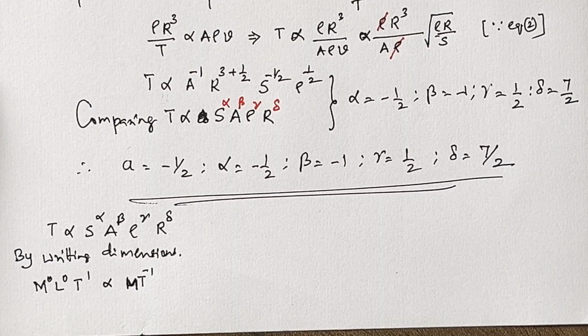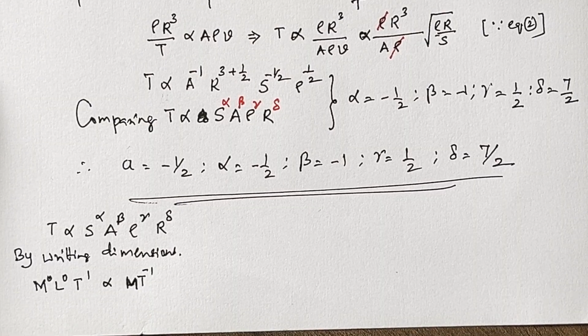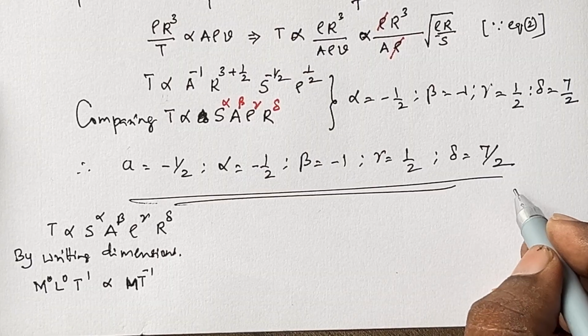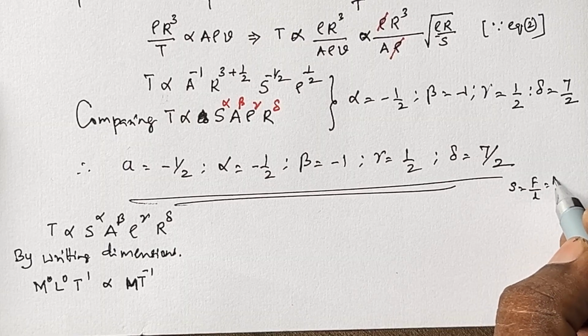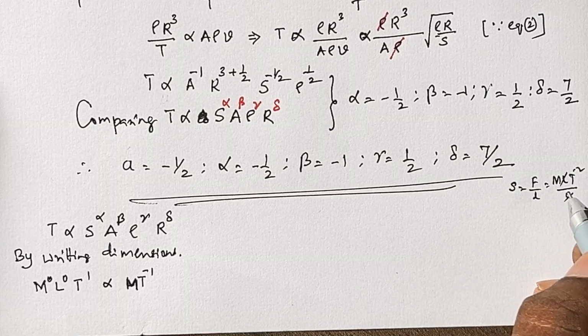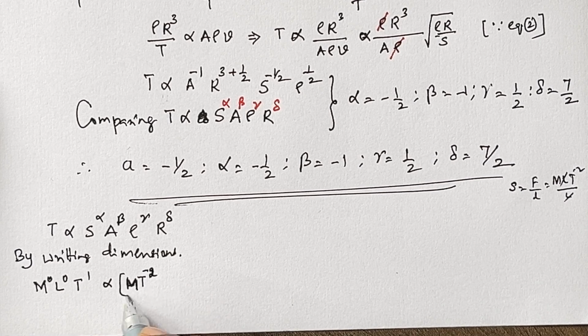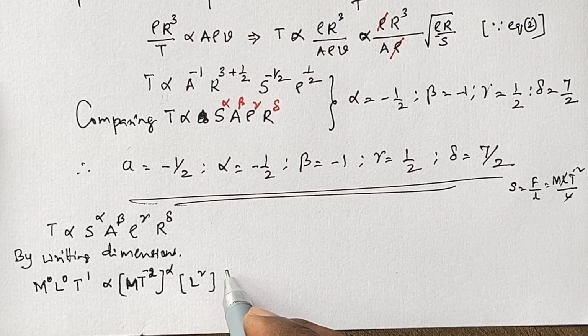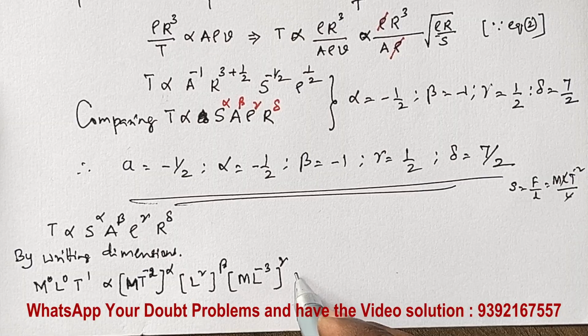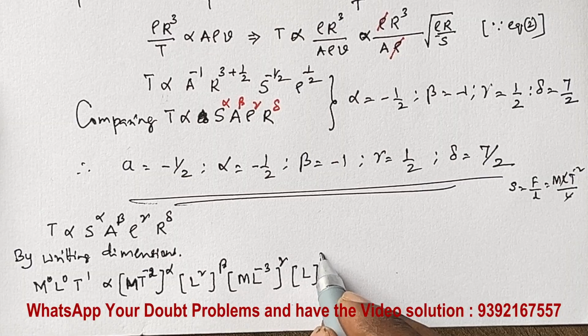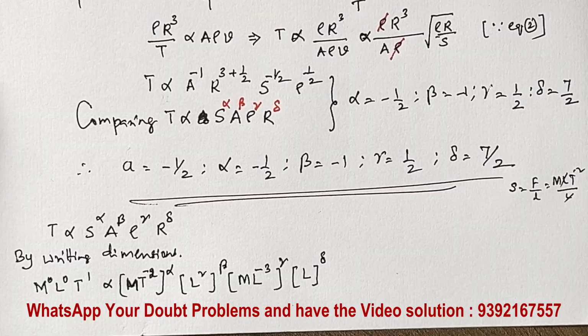Surface tension S is equal to force per length, so M L T power minus 2 by L, so M T power minus 2, whole power alpha. A means area, L square, whole power beta. Rho means mass per volume, so this is gamma. R is the length, this is rho. Like this we can write.